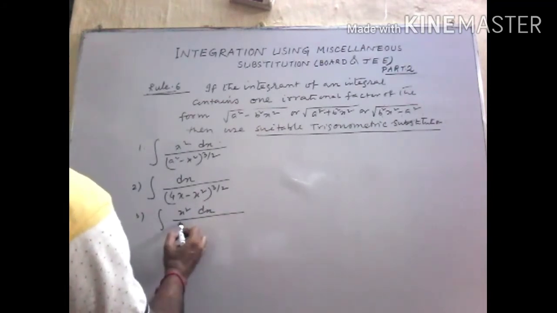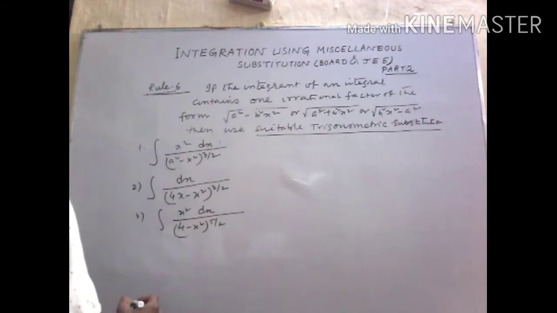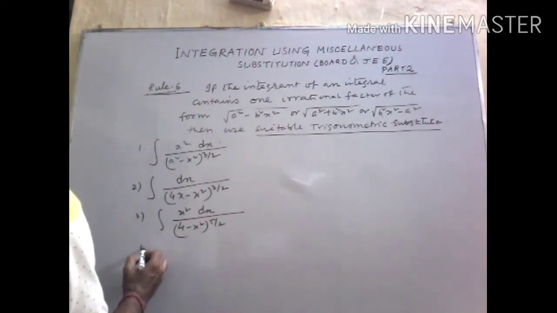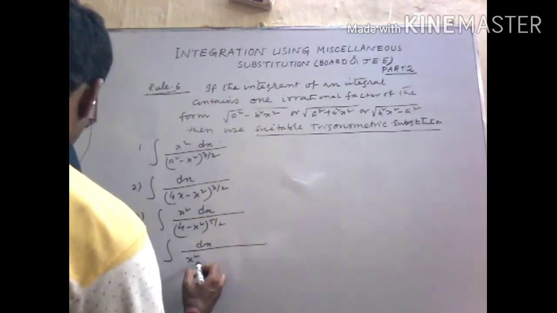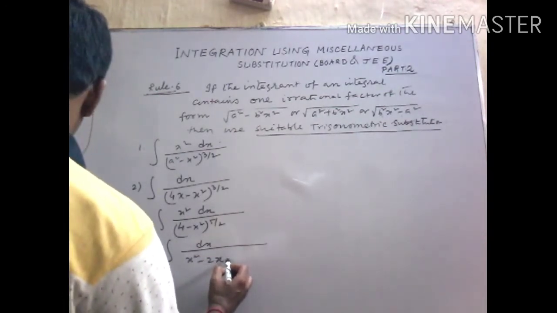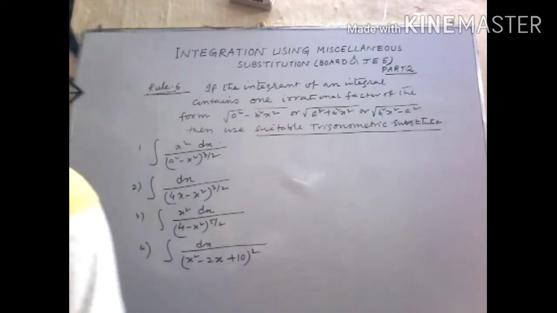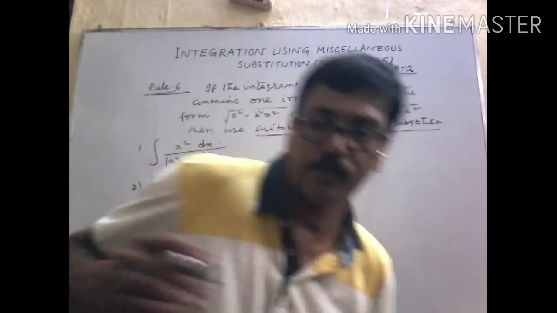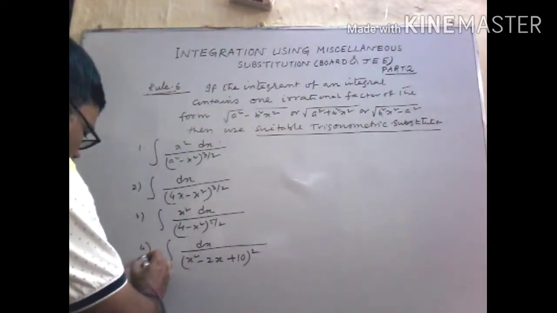Number 3, x square dx by 4 minus x square whole to the power 5 by 2. And number 4, dx by x square minus 2x plus 10 whole square. So this is number 4.